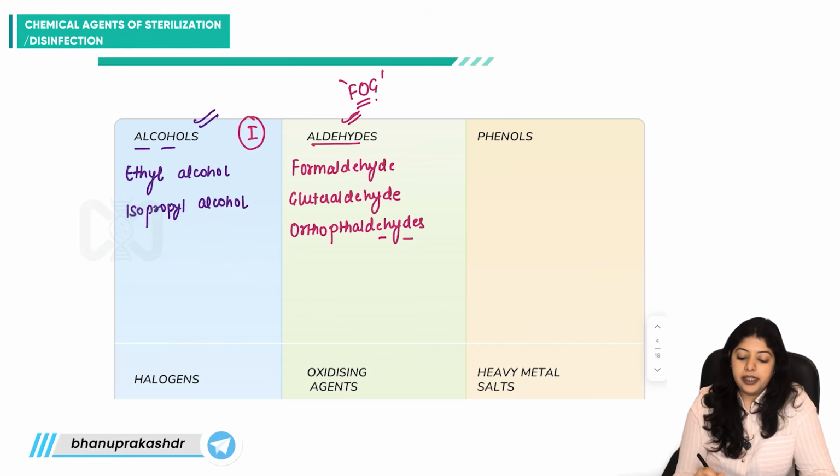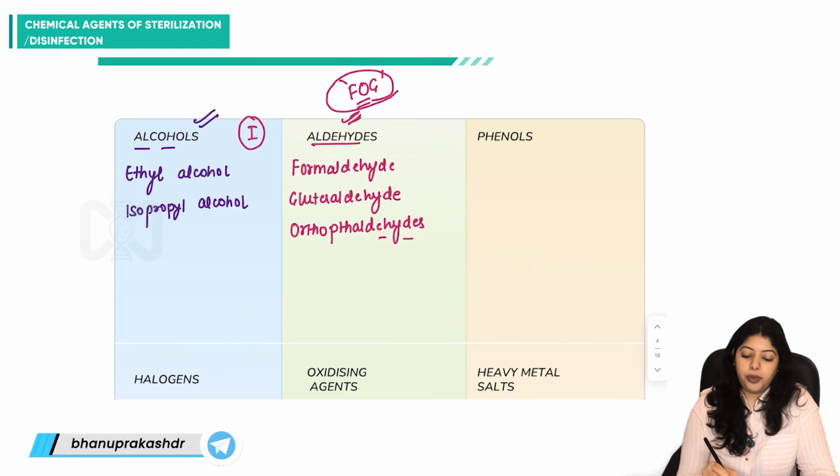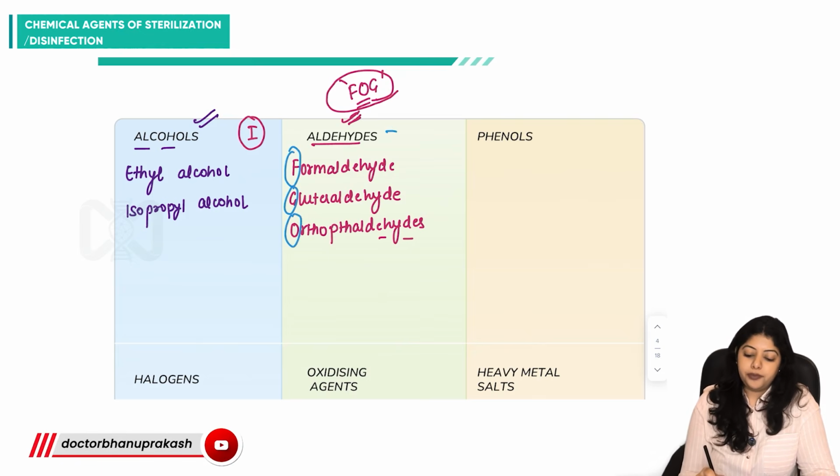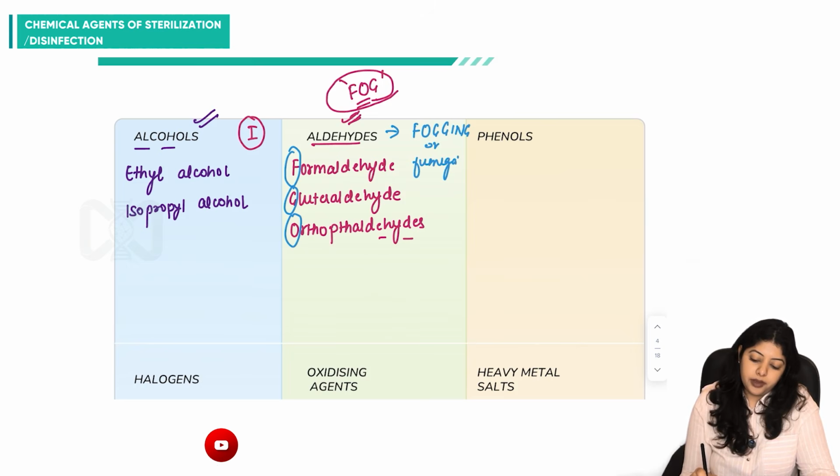So with aldehydes, we can remember the mnemonic FOG. F stands for formaldehyde, O stands for orthophthaldehyde, and G stands for glutaraldehyde. So aldehydes were used for fogging or fumigation in OTs, right?